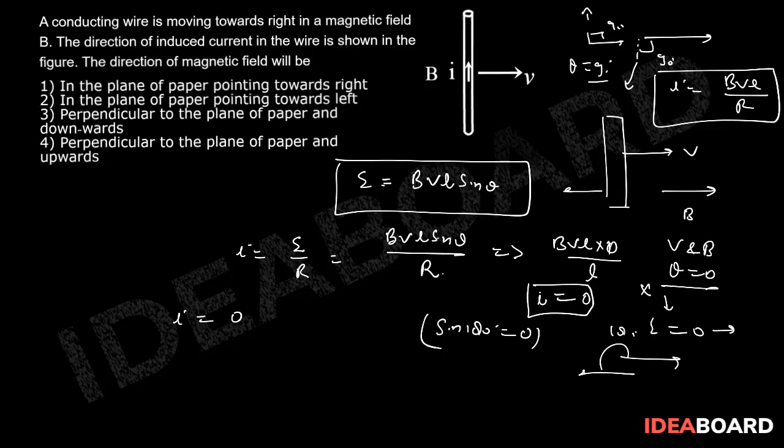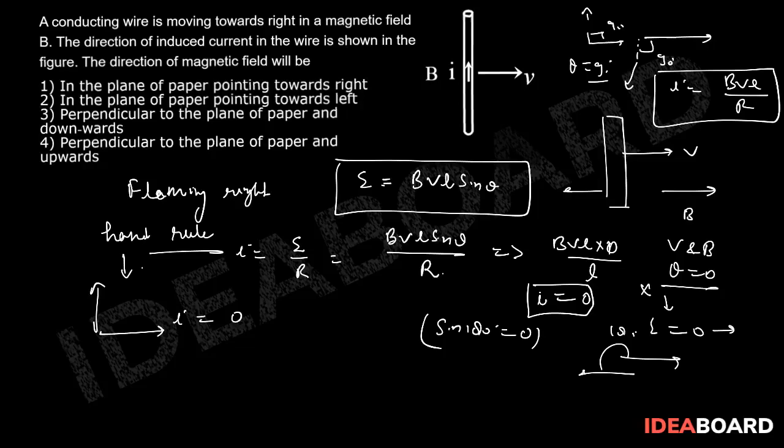So now we need to apply Fleming's rule. According to Fleming's rule, if you apply Fleming's right hand rule, then clearly you can find the direction. Because the direction of the current is given like this, and V is like this, then obviously it has to be into the plane.